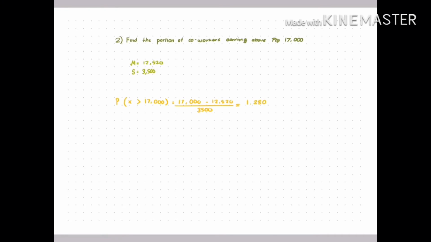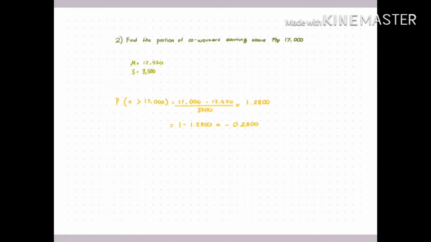Next, you have to find the coworkers that are being overpaid. Similar to the previous problem, we use the transformation formula, then substitute the given, which is x equals to 17,000 pesos, the mean being 12,520 pesos, and the standard deviation being 3,500 pesos, which will give you the answer of 1.2800.